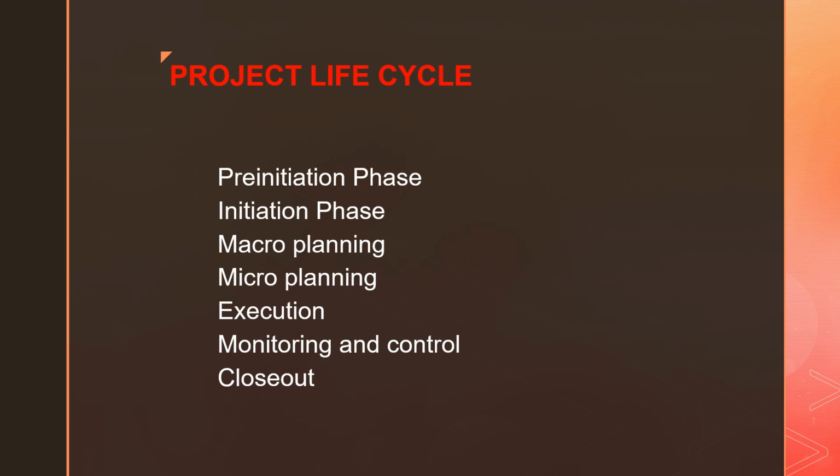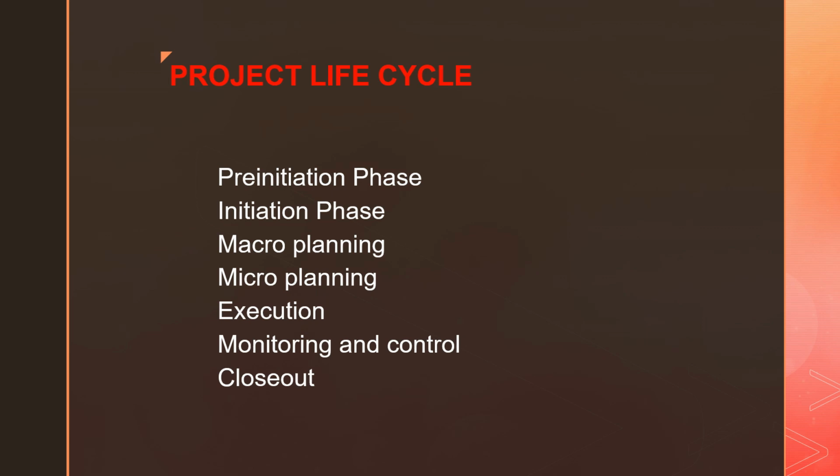The contents of the micro plan include work breakdown structure, schedule, resource planning, budget plan, scope plan, quality plan, procurement plan, communication plan, risk management plan, etc. So, in other words, I can say that things like work breakdown structure, scheduling plan, budget plan, scope plan, procurement plan, communication plan, these are all the outputs of the micro plan.